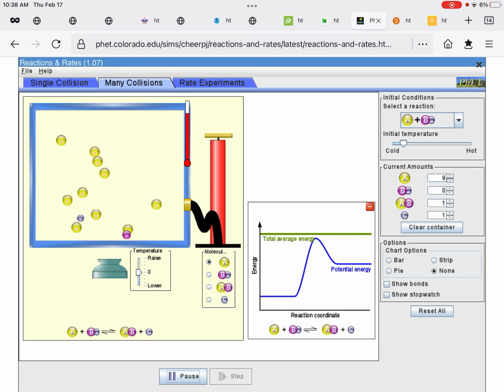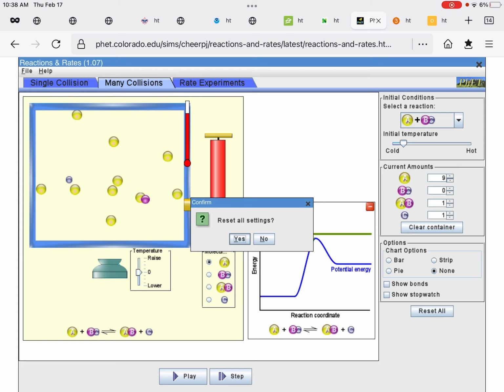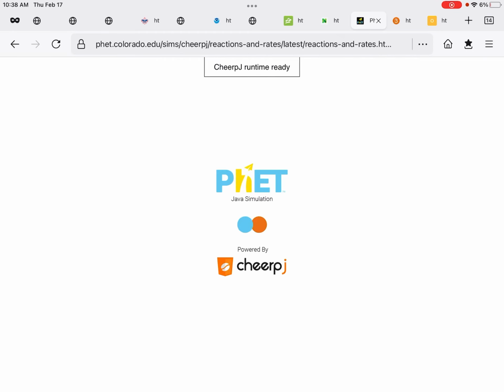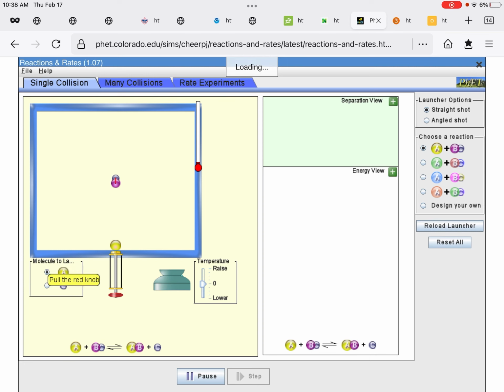Another thing in this sim, and we didn't emphasize this much in class, let's reset this. Yes, I want to reset. One thing that we can do here is flood this reaction with lots and lots of one of the reactants, and we'll get a much faster reaction.